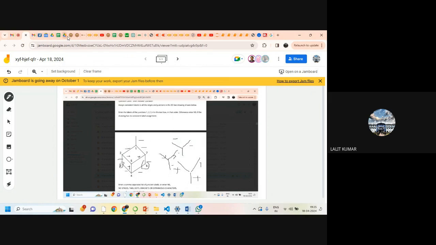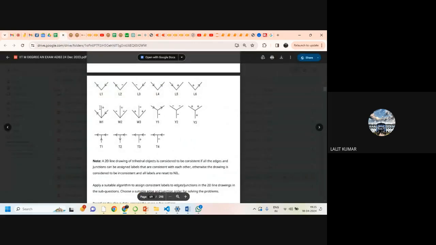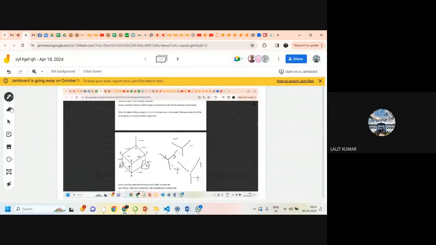So the arrow on the W comes from the right, goes towards left. So it will become like this.